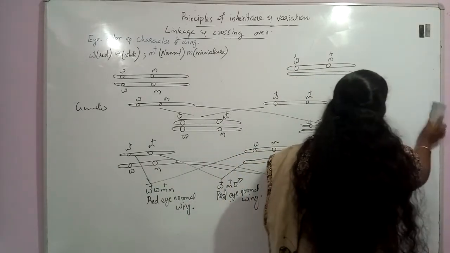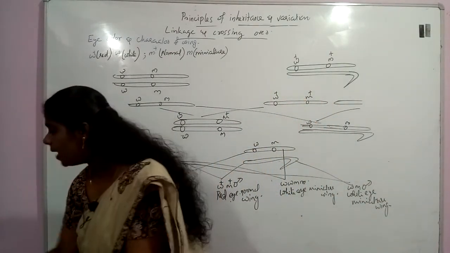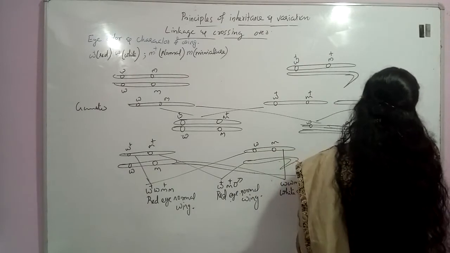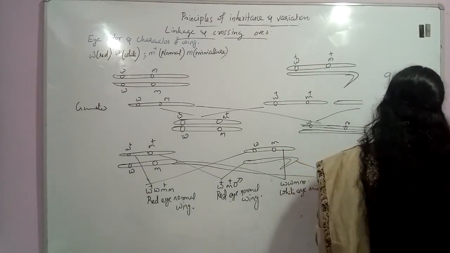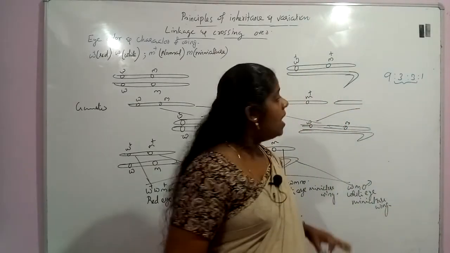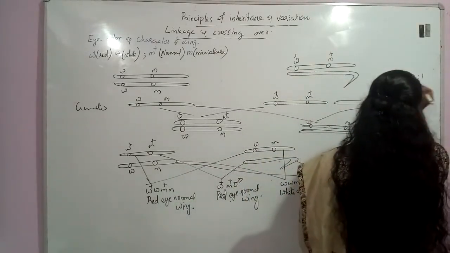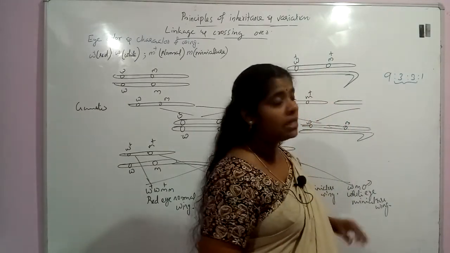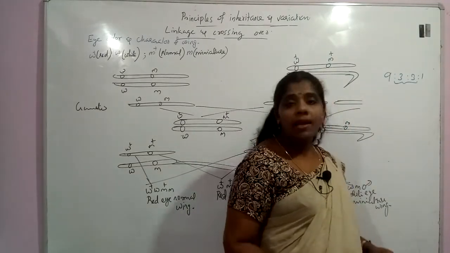It would be the 9:3:3:1 combination. In this 9:3:3:1 phenotype ratio, the 3:3 are the recombinants, and the 9 plus 1 are the parental combination. So 6 out of 16 we get as recombinants.